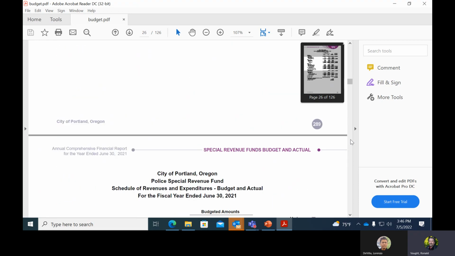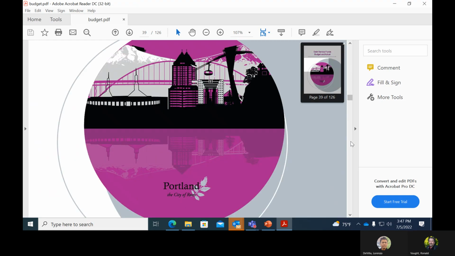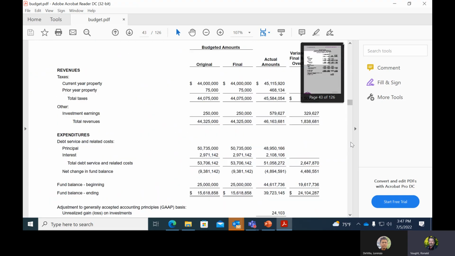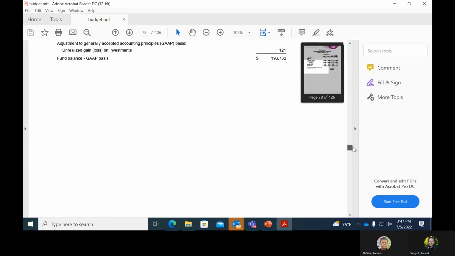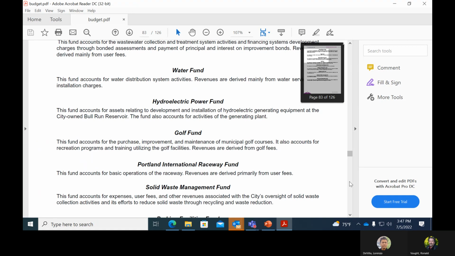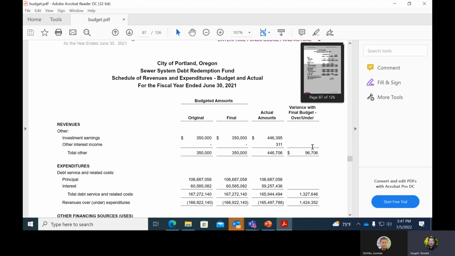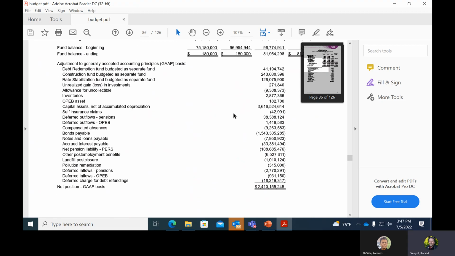And then most of the governmental funds have similar reconciliations that we talked through with the general fund. When we get to our proprietary funds, the list of reconciling items between budgetary basis and net position of the GAAP basis proprietary fund grows.